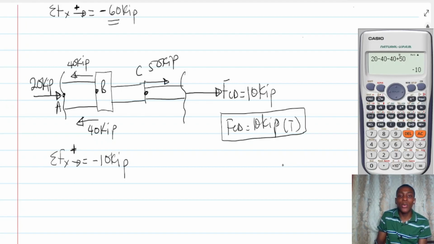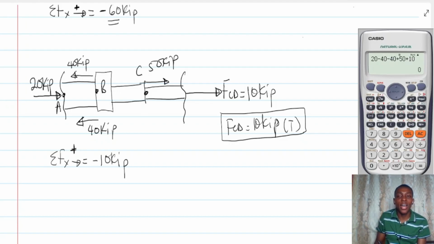Now, let's try and sum the forces this time and see. So 20 minus 40 minus 40 plus 50 and plus 10.